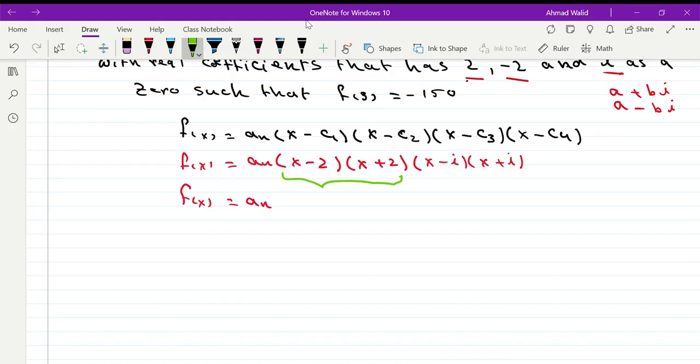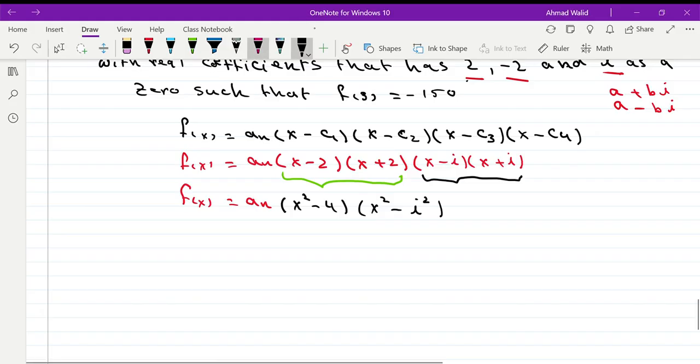Can I write it as x squared minus 4? Difference of squares, correct? X squared minus 4. Also here you have x minus i times x plus i, that I can write as x squared minus i squared. Correct?